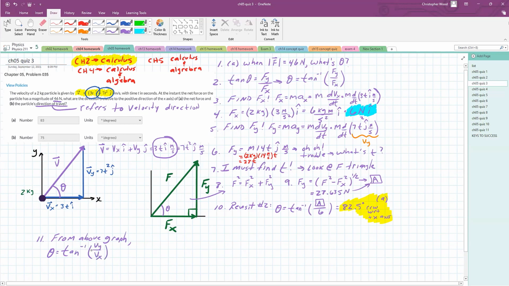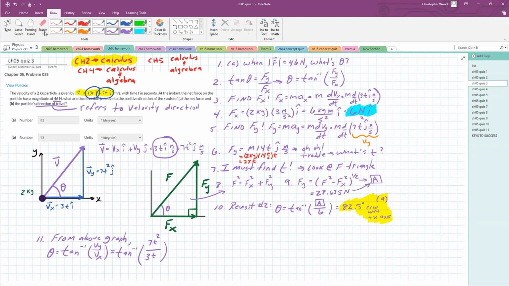Do I know Vy? Yes, I do. So let's type in arctan of Vy. Here's Vy. For me, it's 7t squared. That's Vy. Here's Vx. Vx is 3t. Okay. That's that.